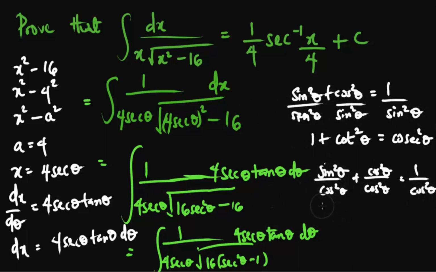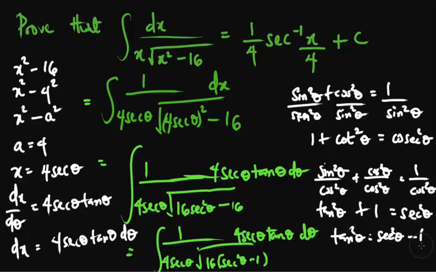We're going to have tan squared theta plus 1 equals sec squared theta. And so we discover that tan squared theta is equal to sec squared theta minus 1. So we're going to replace sec squared theta minus 1 with tan squared theta.